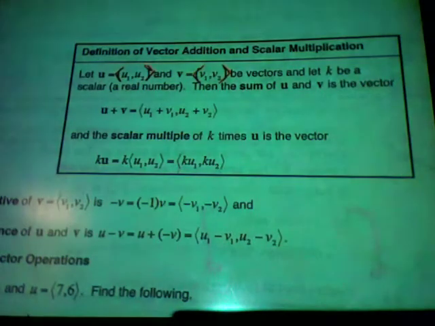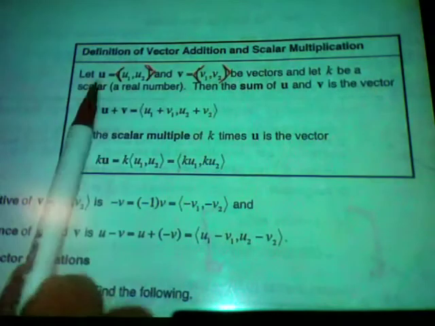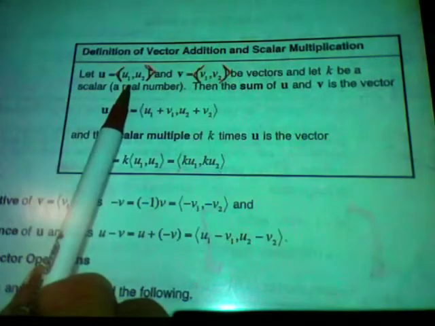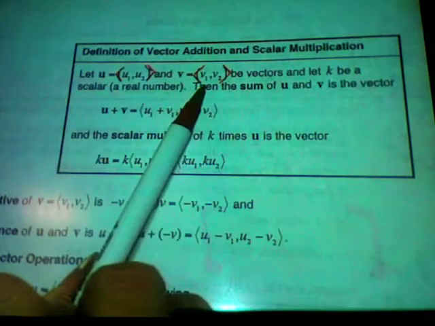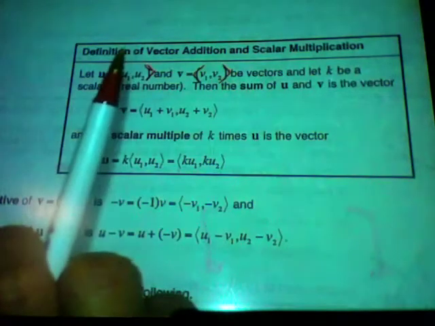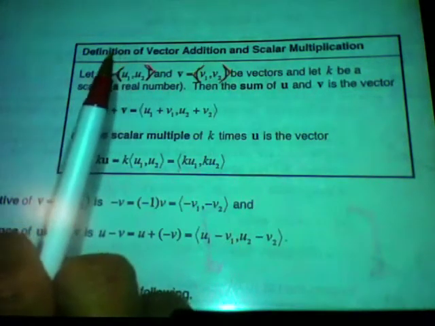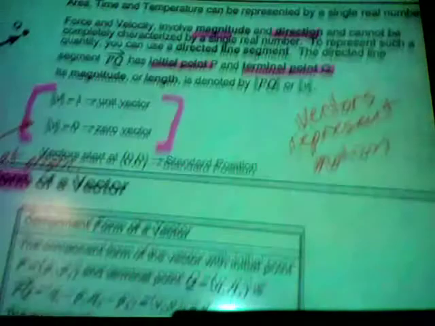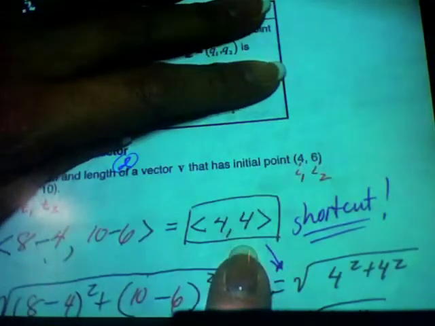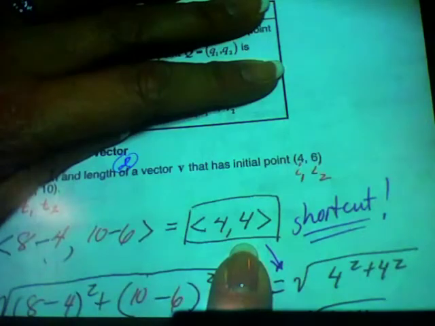Now, the minute you see the V's, you know that this vector is in component form, and this vector is in component form. The purpose of this is to change any vector into a standard position. So for instance, on this one on the back, we're going to start at 0, 0 in the coordinate grid.